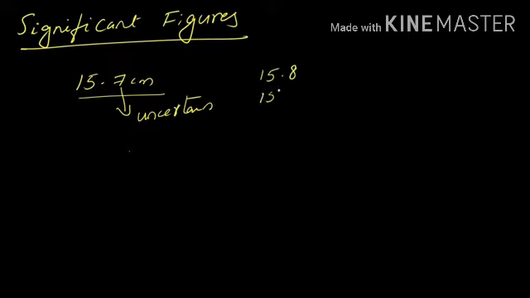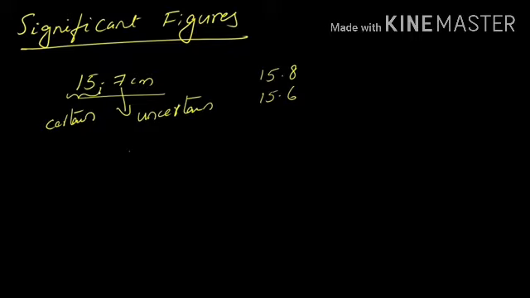If that measurement is done by others, they might have got 15.8 or 15.6. The 15, the digits before the decimal point, are certain. Whoever takes that measurement will get 15 itself before the decimal, but the digit after the decimal point can change.